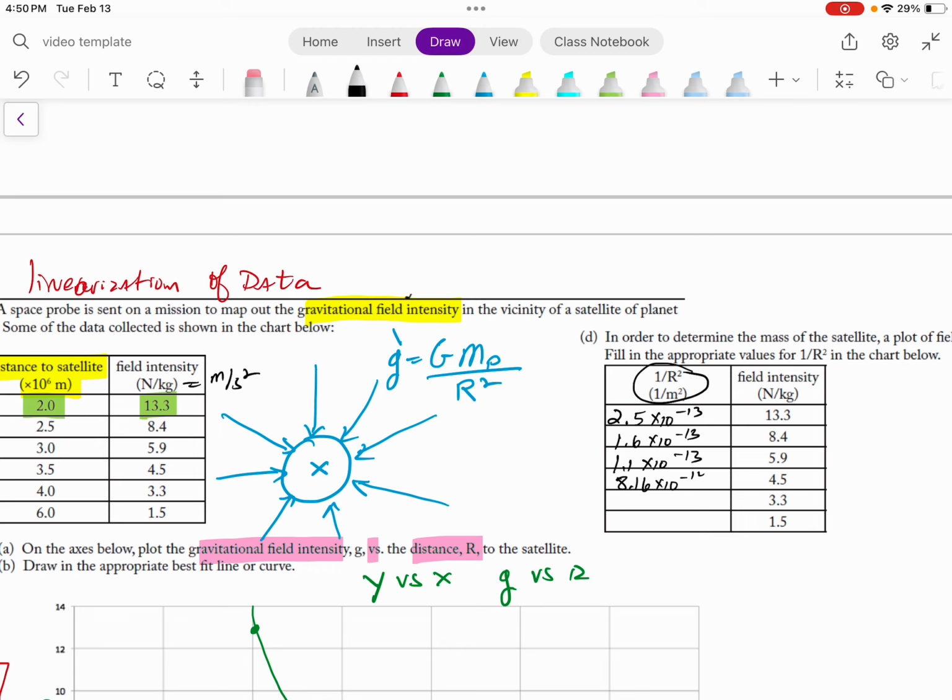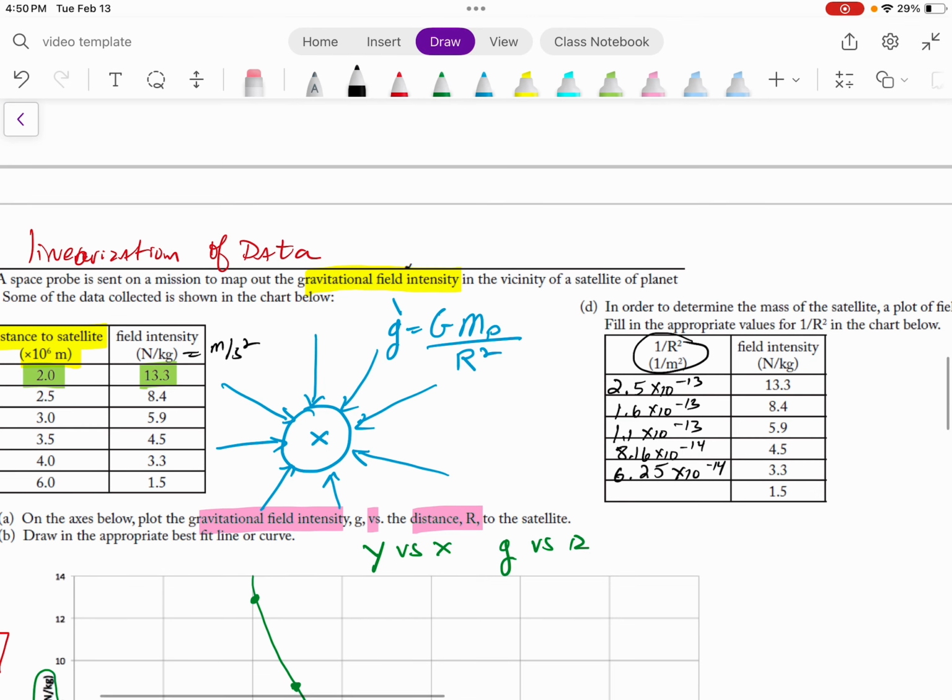You might put that as 81... well, I'm not sure, I've got to think about that. 6.25 times 10 to the minus 14. 2.78 times 10 to the minus 14. If I want it to be minus 13, it's got to be 0.816.